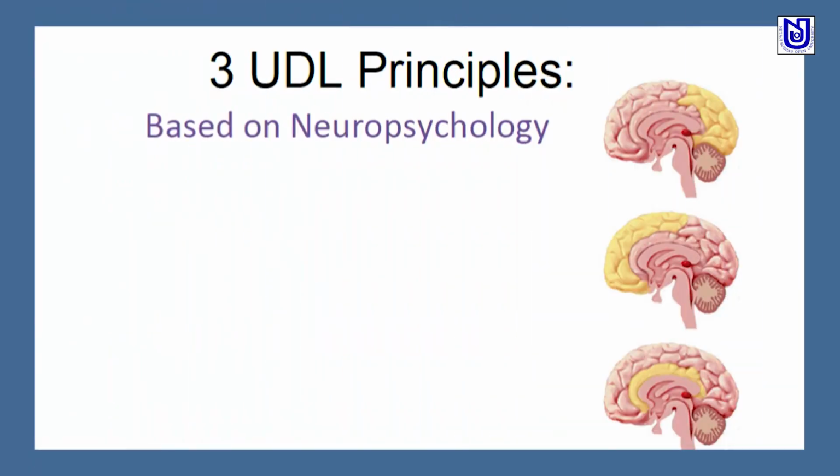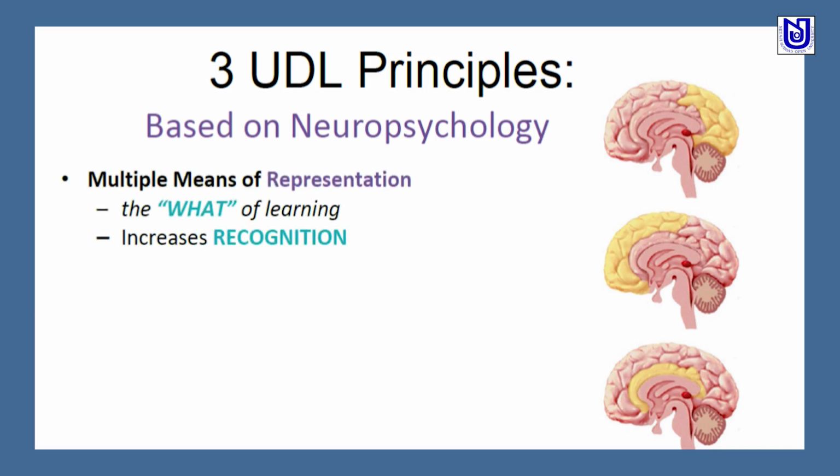The UDL guidelines and associated checkpoints align to this neurological organization and help educators address the predictable variability in learning that we know will be present in any environment. If we look at these three UDL principles, which are based on neuroscience, first is multiple means of representation, that is the what of learning, which increases recognition.